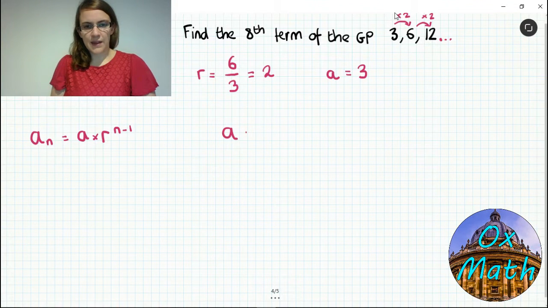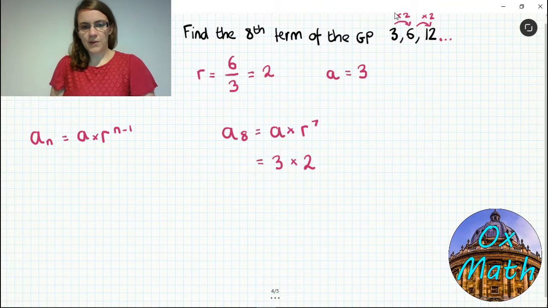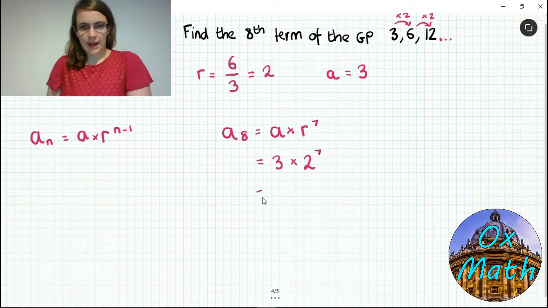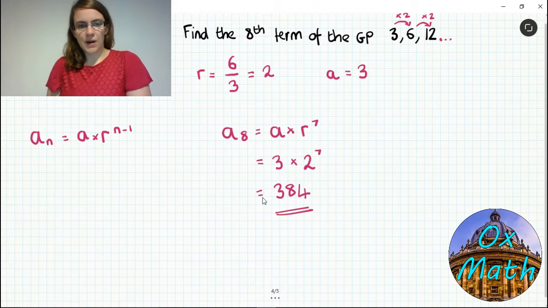So to find our 8th term, we take our first term a, and we will need to multiply it by our ratio 7 times. So a is 3 and our common ratio is 2, so we take the first term 3, and multiply it by 2 7 times. That gives us 384. So our 8th term would actually be equal to 384.